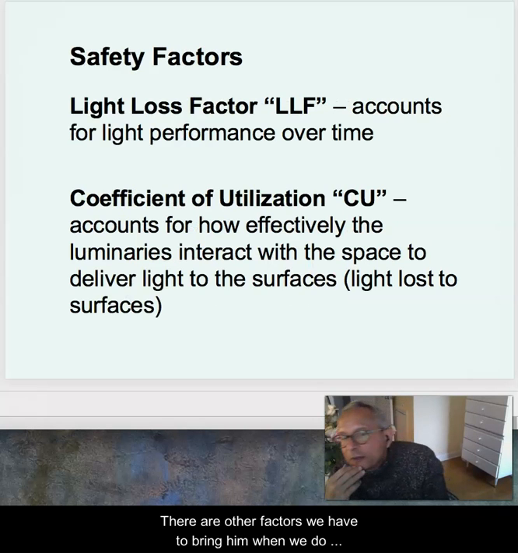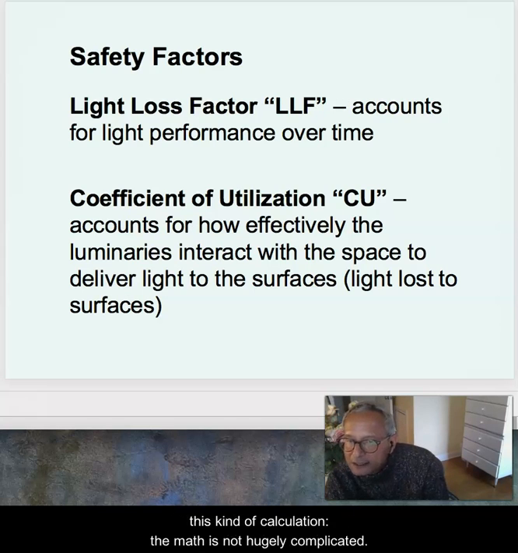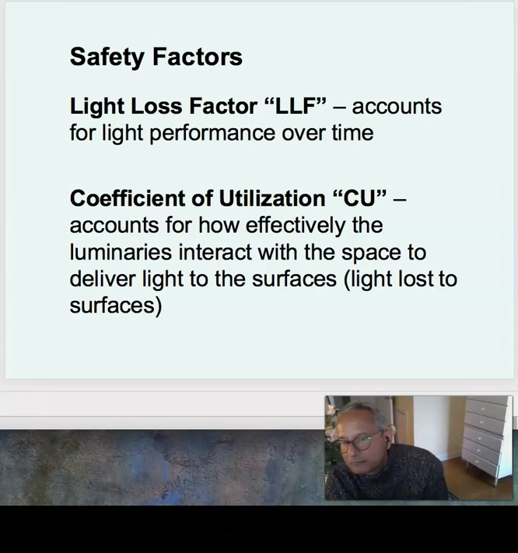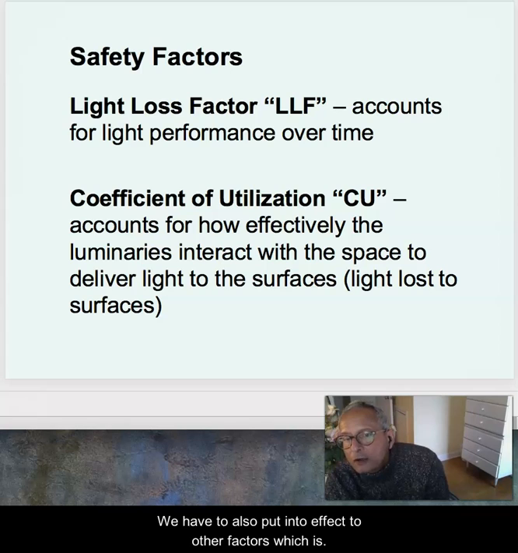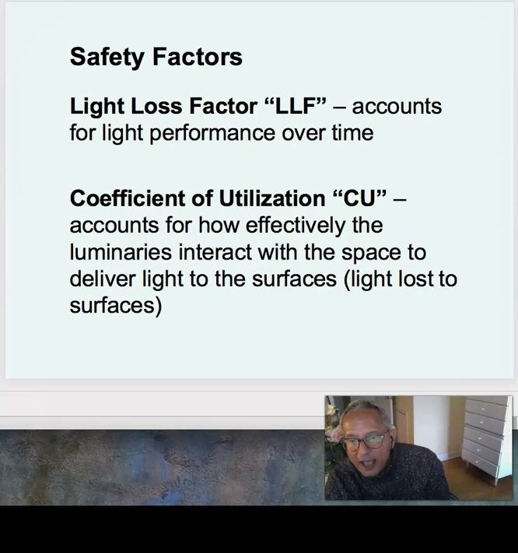There are other factors we have to bring in when we do this kind of calculation. So you can see the math is not hugely complicated. Multiplication, division. We have to also put into effect 2 other factors, which is light loss factor, which accounts for the performance over time, in that fixtures, typical light sources, decrease in averaging over time as far as how much light they put out.